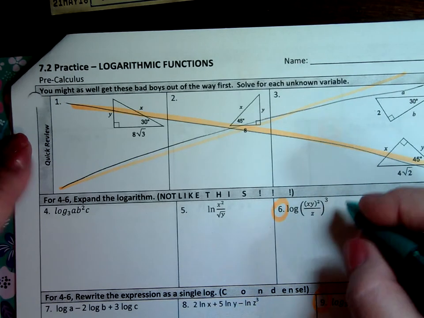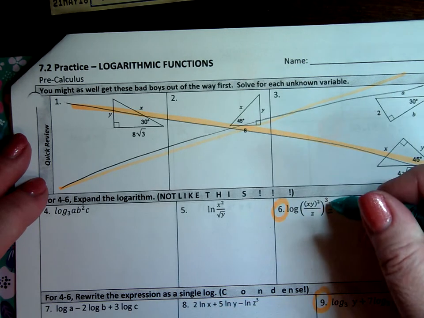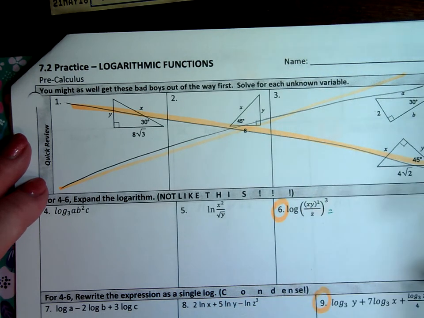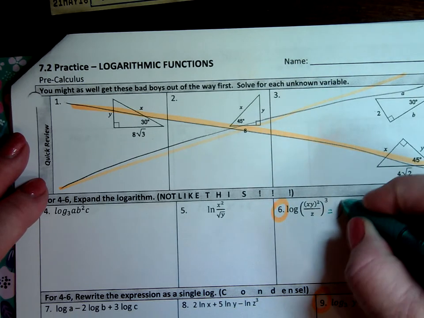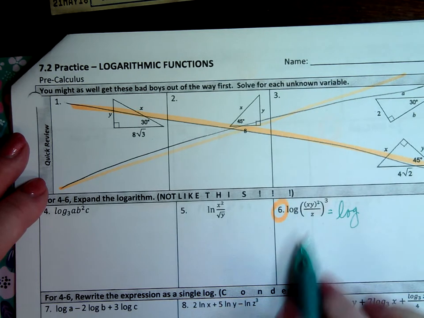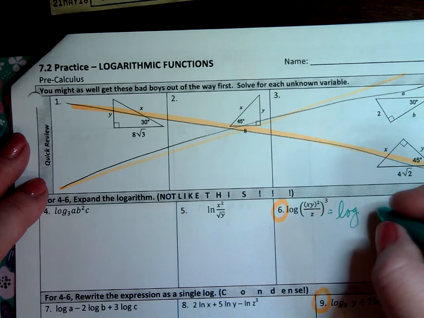All right. Before I even go there, I want to figure out what's the real power on the x, what's the real power on the y, and what's the real power on the z. Log. X is being raised to the third power, so this is an x cubed. Y is squared.